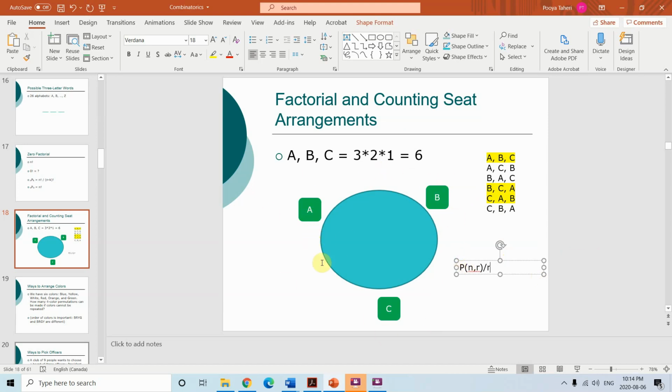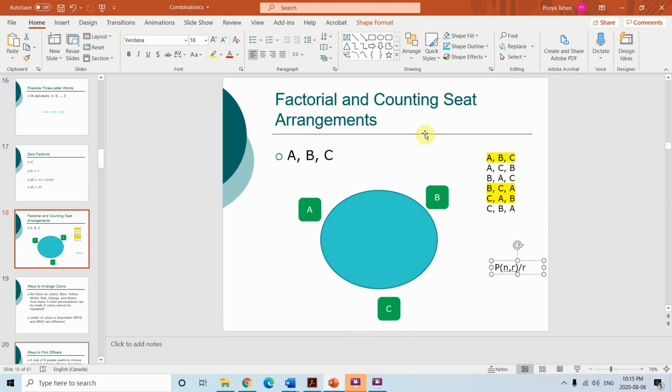So the number of ways these people can sit on these 3 chairs, where we only care about their relative location to each other, is their permutation, which was 6, divided by the 3 places. So if the chairs were not numbered, the answer for this case would be 2.